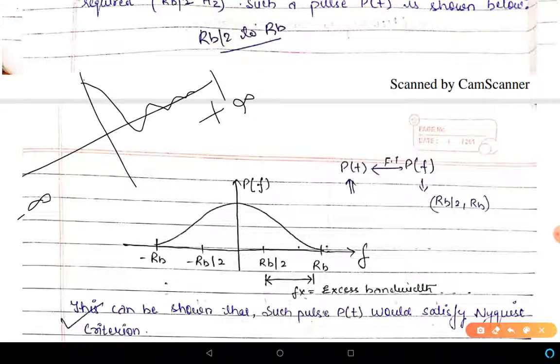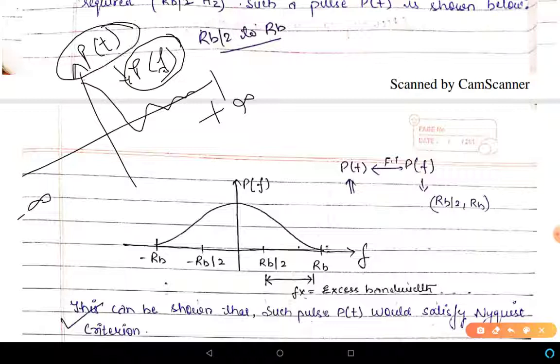If I want this to happen in time domain, then in frequency domain I need to go for expansion. If I expand P(f), the one taken in the Nyquist first criteria ideal solution, then definitely there is going to be compression in time domain. This is the working principle of Nyquist practical solution.